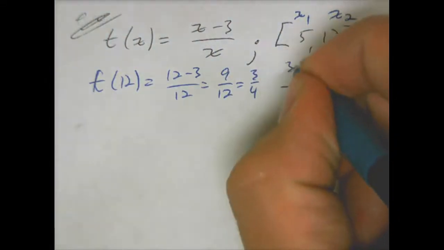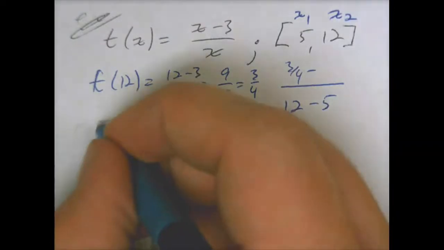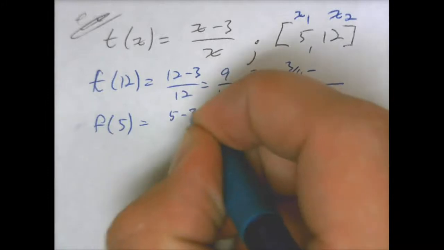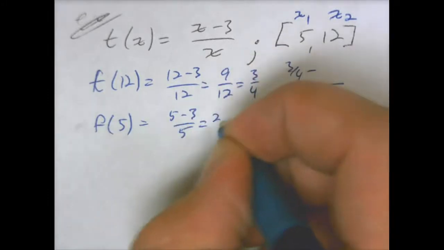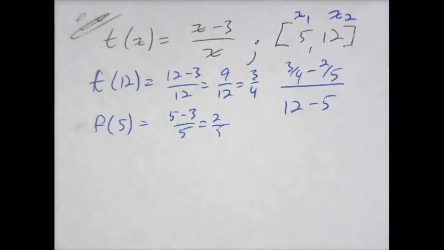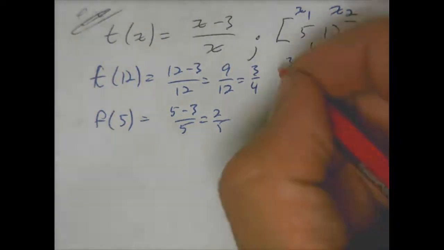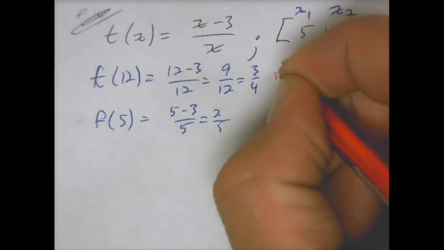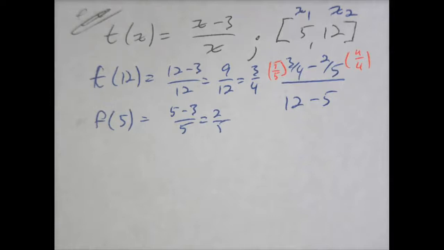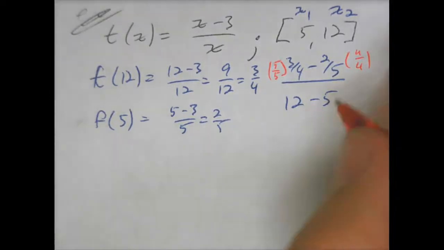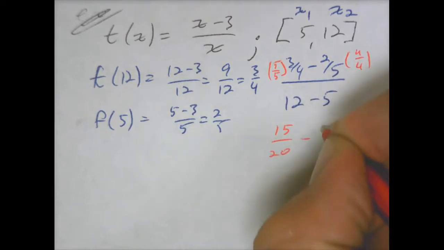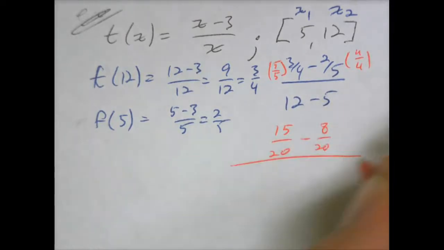So I have 3/4 minus f of 5, which would be 5 minus 3 over 5, which is 2/5. So 3/4 minus 2/5. Alrighty, common denominators. So multiply this by 5 over 5 and this one by 4 over 4 to get both to a denominator of 20. So we have 15 over 20 minus 8 over 20, all over 7.